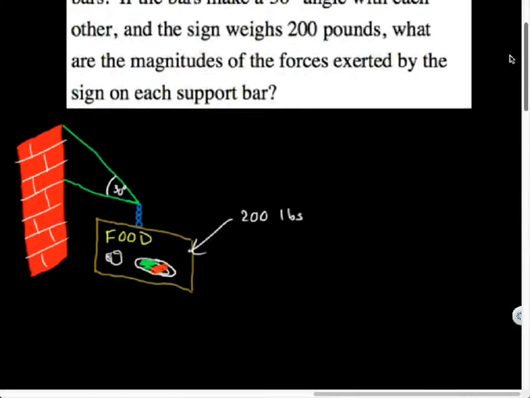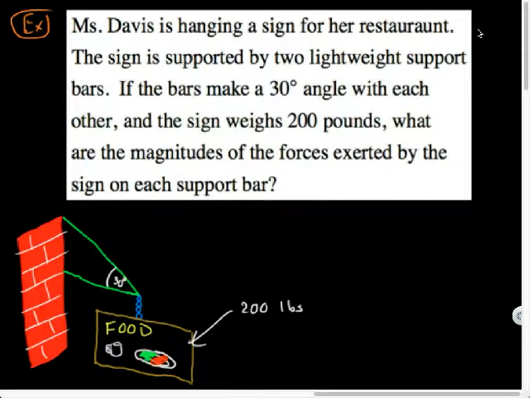So, all right, let's look at this situation. It says, Miss Davis is hanging a sign for her restaurant day. The sign is supported by two lightweight support bars. I have those drawn in green here. I also drew this as a perspective drawing, so I hope you appreciate my artwork. Look at this awesome brick that I've got going on here.